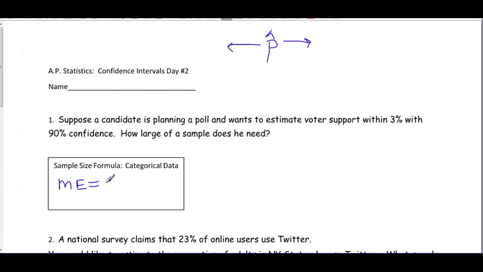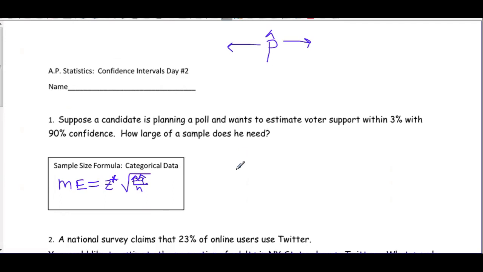was our critical z-score times, remember we use standard error instead of standard deviation. Okay, and that was square root of p hat times q hat over n.